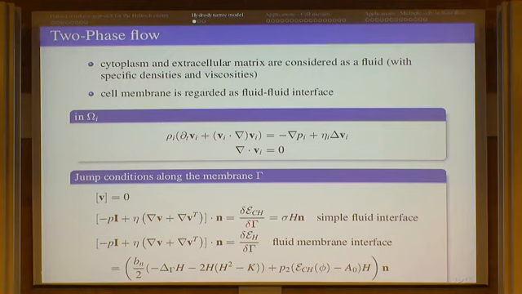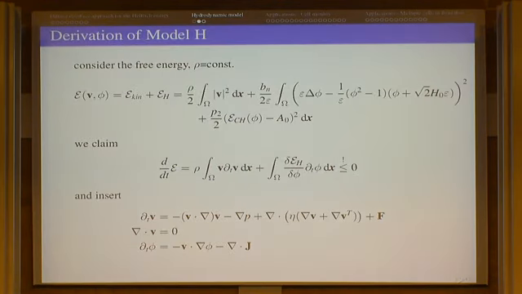Then we have here the surface tension of this interface, and in our case we want to describe fluid membranes, so we just use the variation of this Helfrich energy with the constraints, and then we can write down these jump conditions. Here this is the sharp interface Willmore flow, and this is the flow which results from the volume constraint.